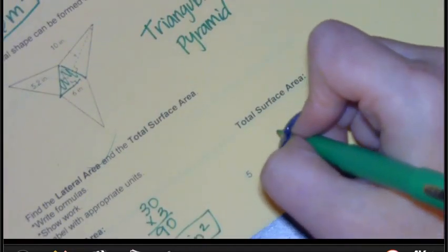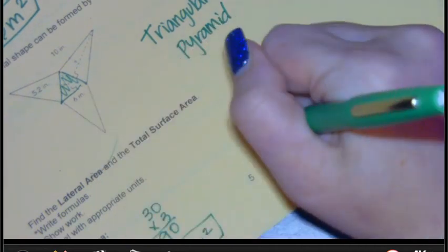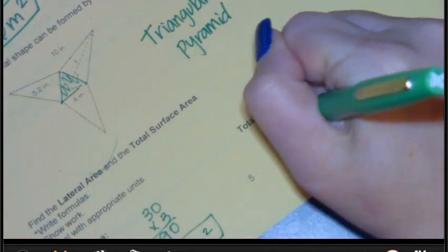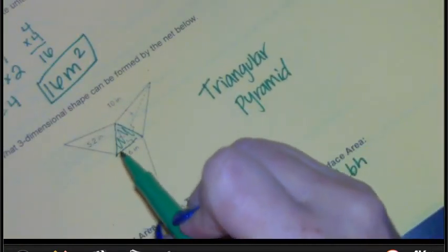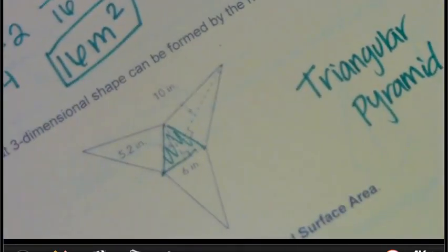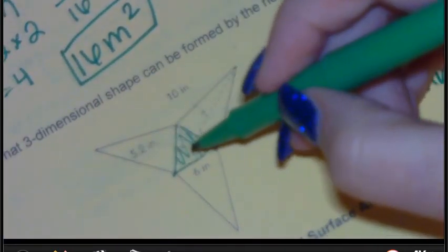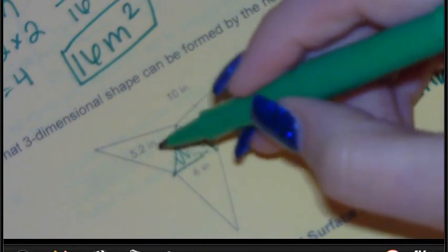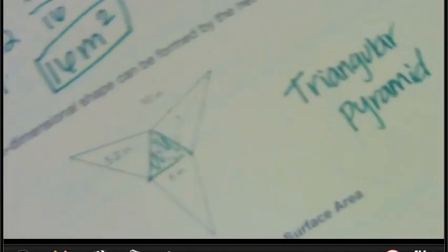Finding my total surface area, I now need to find the area of my base, which is also in the form of a triangle, so 1/2 base times height. The base of my little triangle is 6. If you look on your paper, it might be easier to see the height of this little triangle. I kind of colored it in. It's pointing an arrow to me, and it's giving it to me as 5.2.